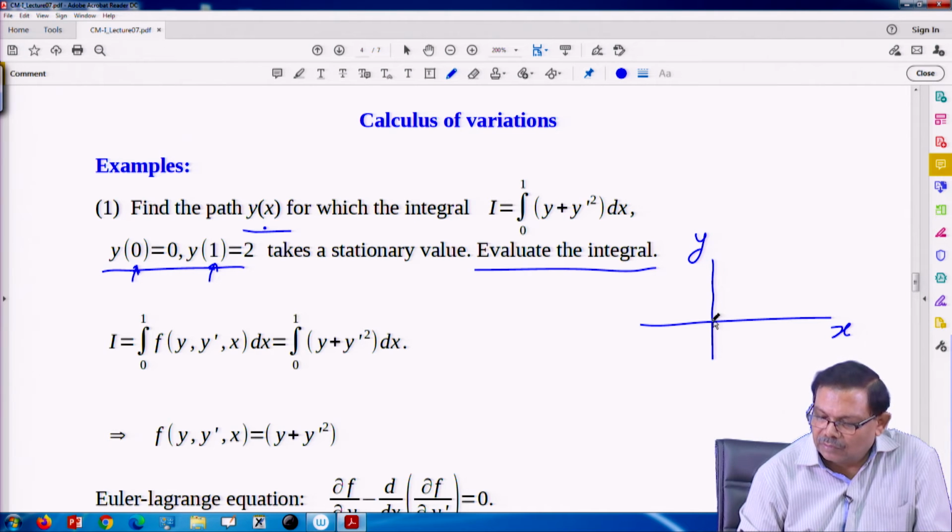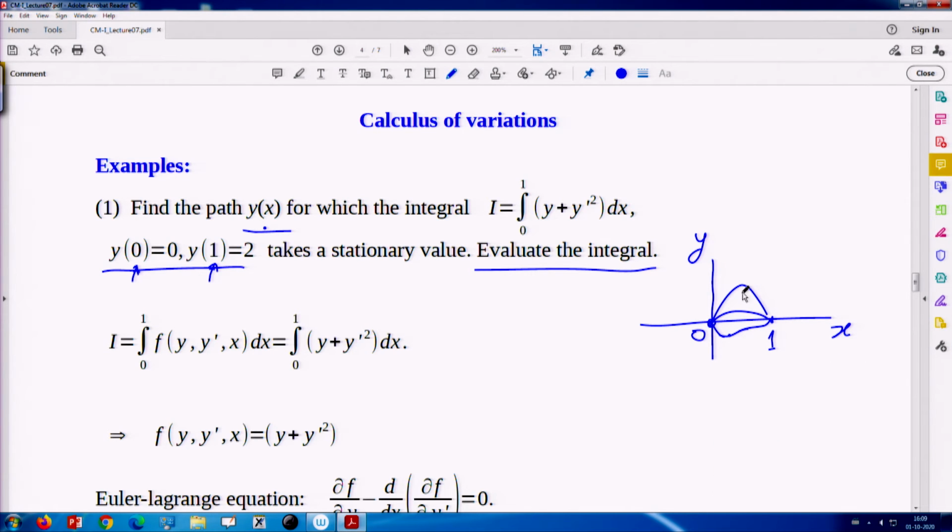So, x equal to 0 here and 1 somewhere here. All the curves will pass through; this could be a straight line, could be a parabola, could be something else, all continuous curves. So, there are various possible curves, right.